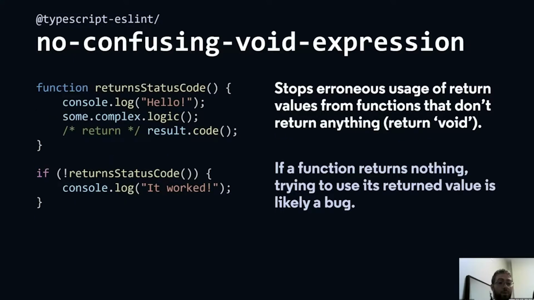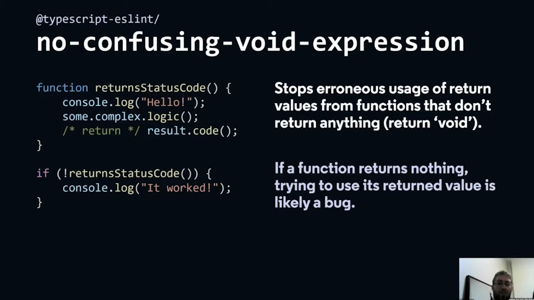Lastly, for these rules, this one's a little more controversial, I think. No confusing void expression, which stops supposedly erroneous usage of return values from functions that don't return anything, also known as functions that return void. Console log is a good example of this. Console log returns nothing. There's no need to use the results of it for anything. It's undefined.